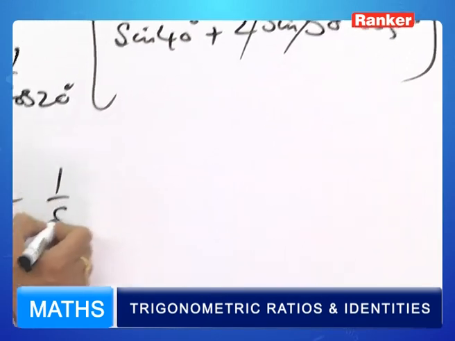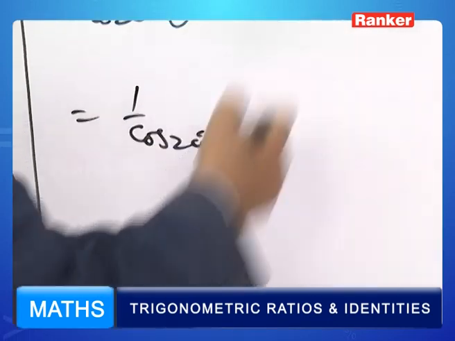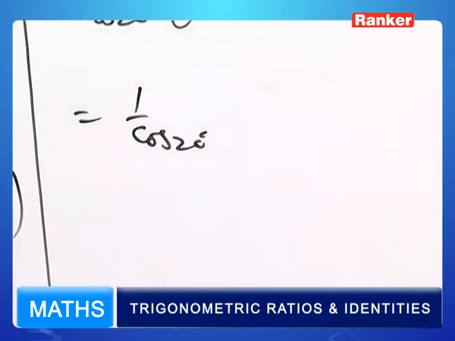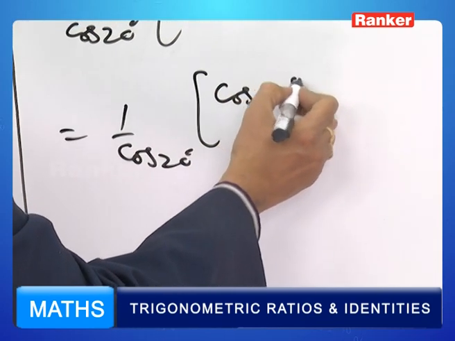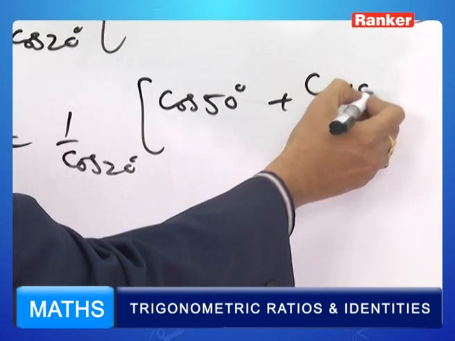This is equal to 1 by cos 20 into, after getting that 2 and sin 30, you can write sin 40 as cos 50 plus cos 10.